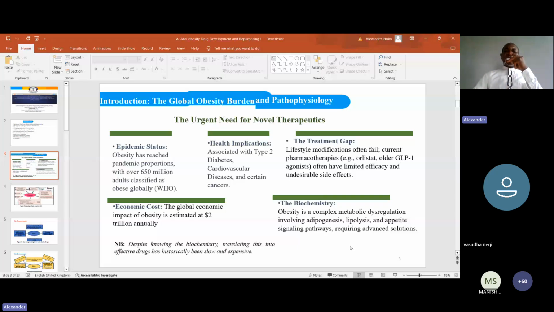All this requires attention with the right approach. Despite this, over the years, the traditional approach has advanced very slowly, and moreover, the process of getting these therapeutics is quite expensive.